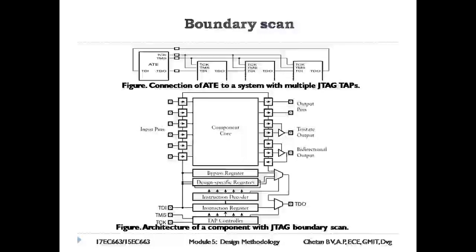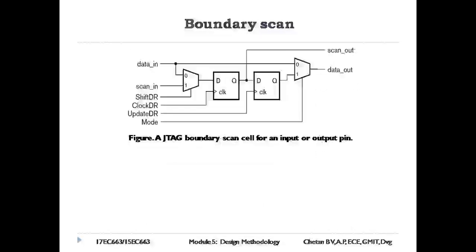There are a number of registers for test data and instructions, and a chain of boundary cells inserted between external pins and the component core. A typical boundary scan cell is shown in the figure.